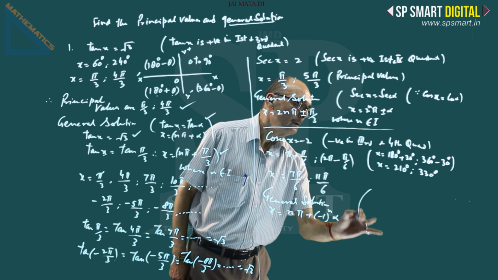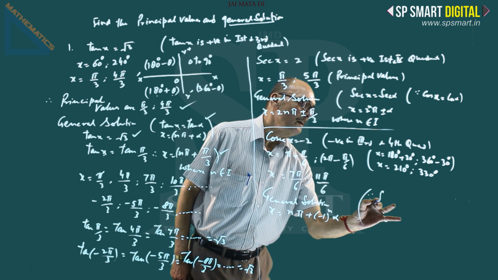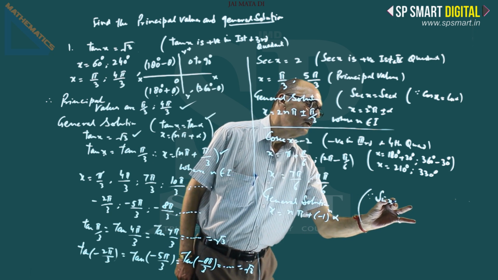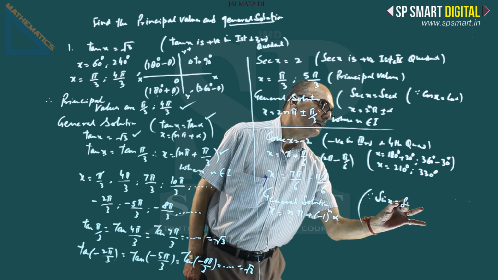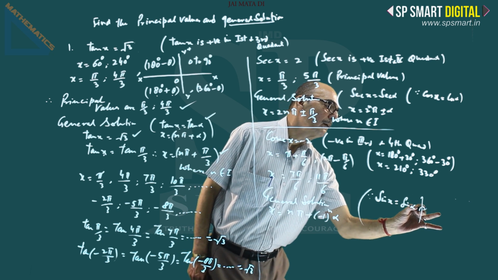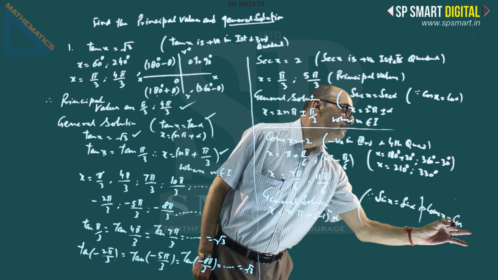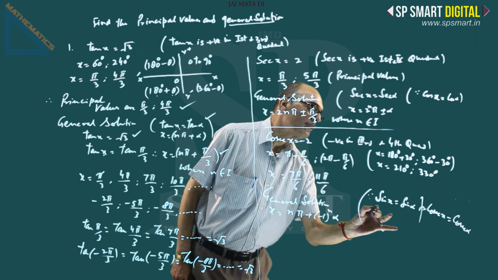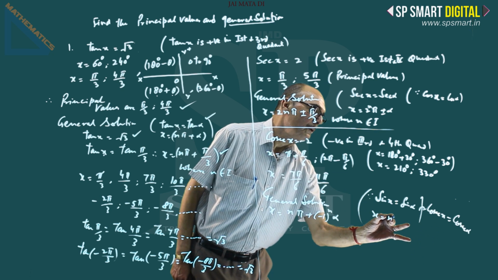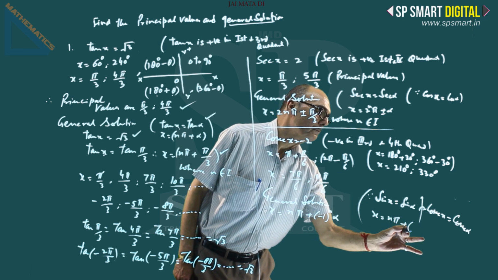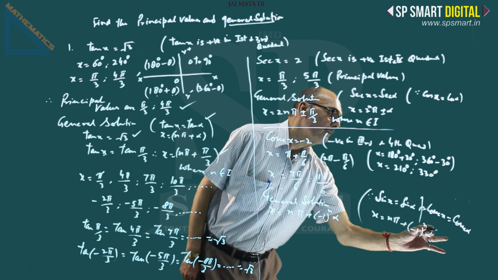This formula is for sin of x equal to sin of alpha. For cosec x equal to cosec alpha, the formula will be x equal to n pi plus minus 1 raised to n into alpha.